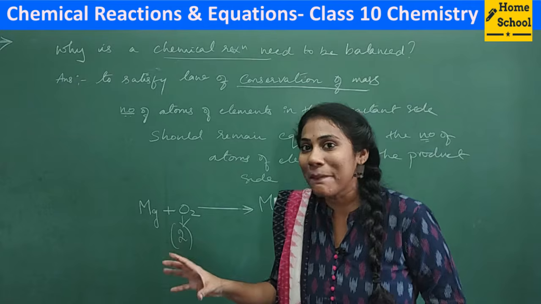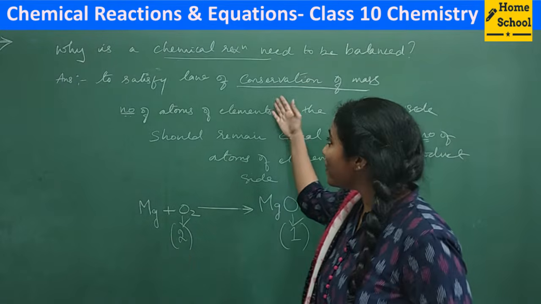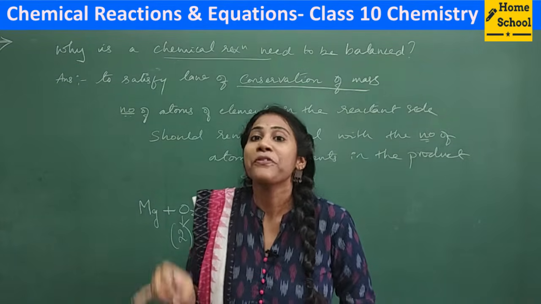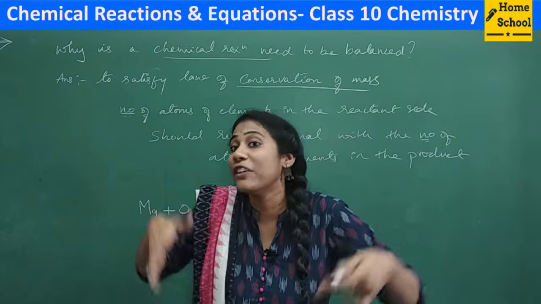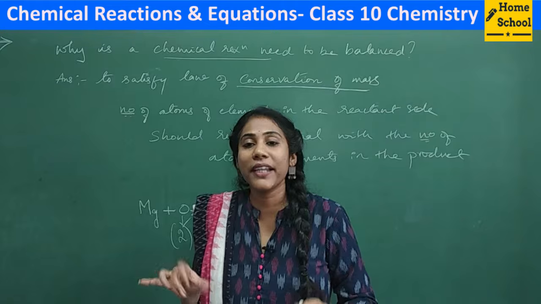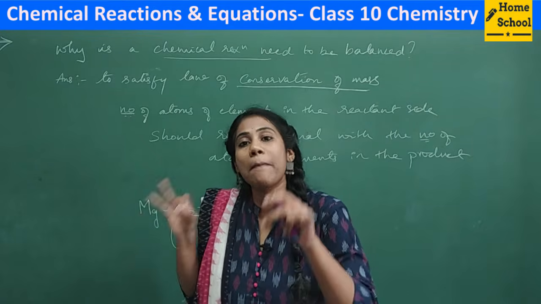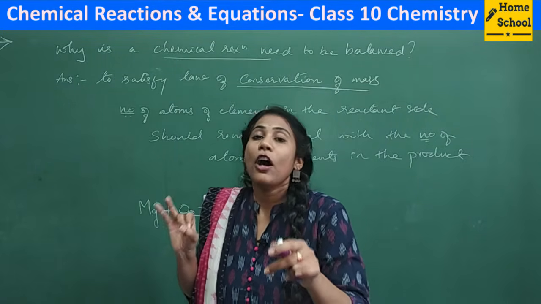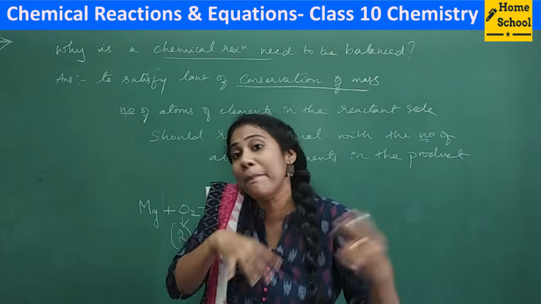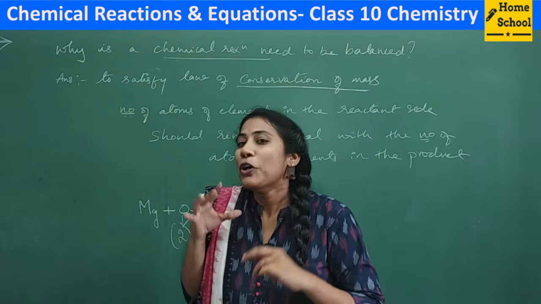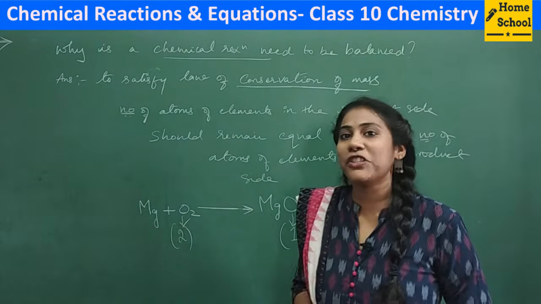Can you destroy the atom? Can you destroy the mass? No. Law of conservation of mass says that only. You cannot destroy the number or mass and you cannot create extra also. However much mass, however many atoms you took for the reaction, that number should remain the same after the reaction also. Only their identity can be changed.